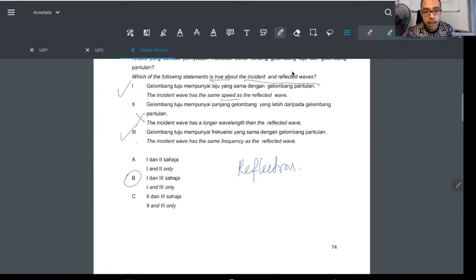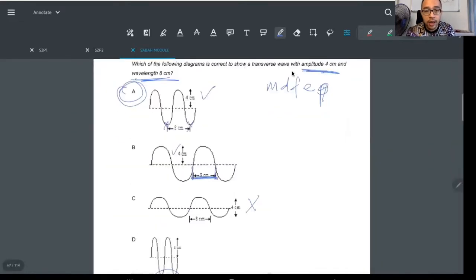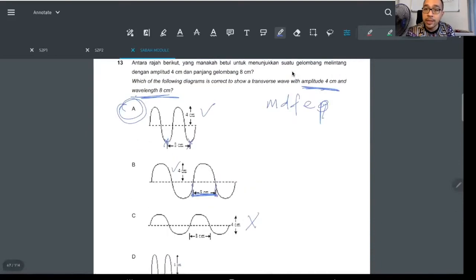I probably want to talk about this a little bit. Do you know what kind of questions these are? A question where the answers are A, B, C, D is called a multiple choice question.